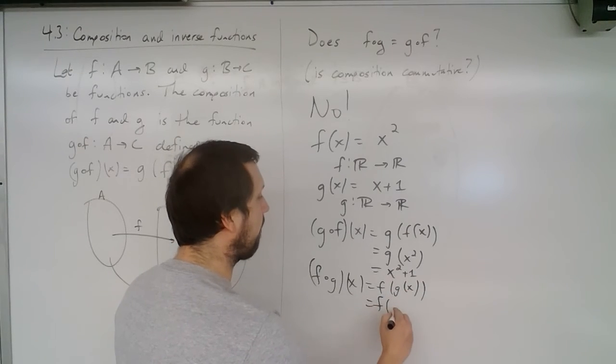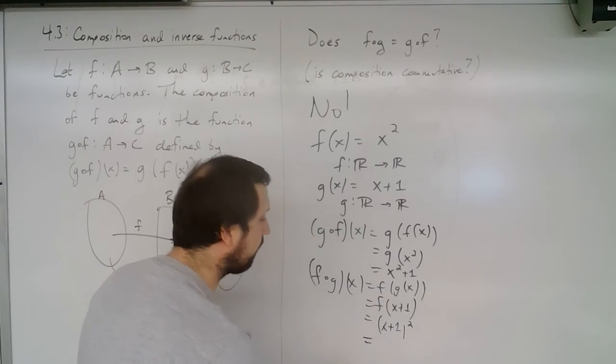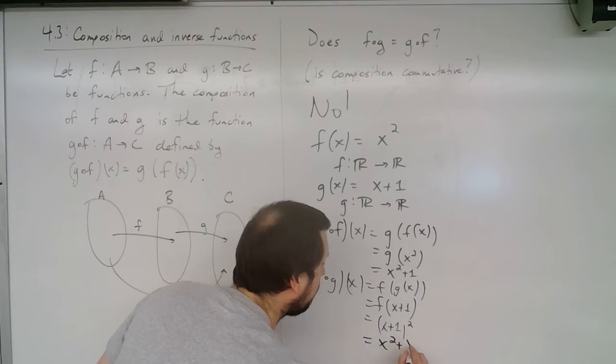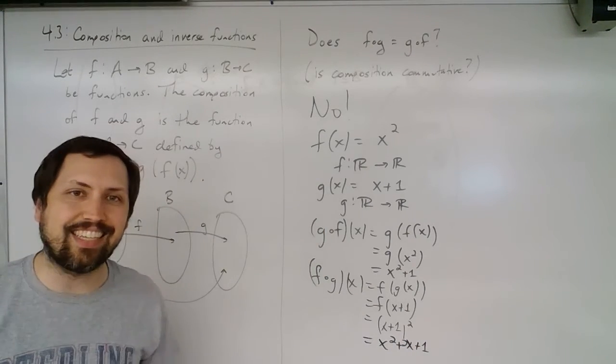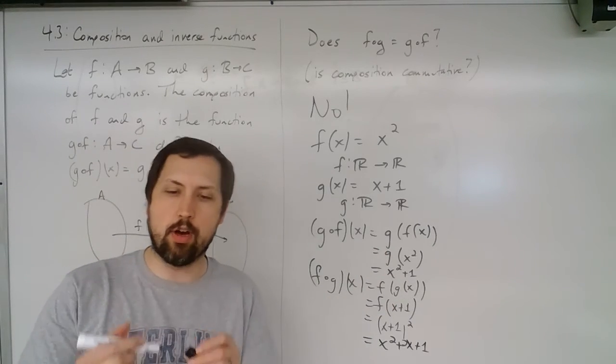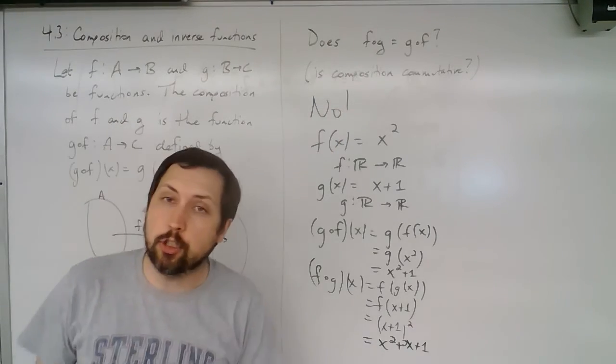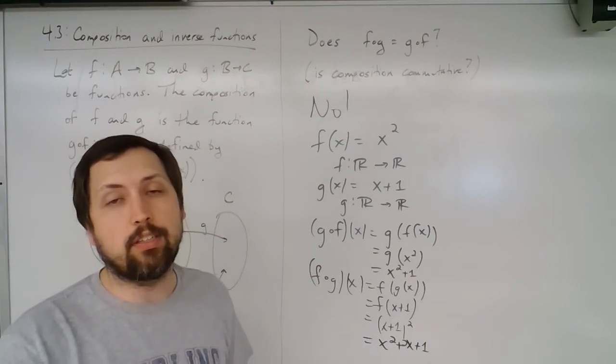So this is going to be f of x plus 1, and this becomes x plus 1 quantity squared, which is x squared plus 2x plus 1. And so we see that indeed x squared plus 1 is not the same thing as x squared plus 2x plus 1. So obviously the composition of functions is not commutative.